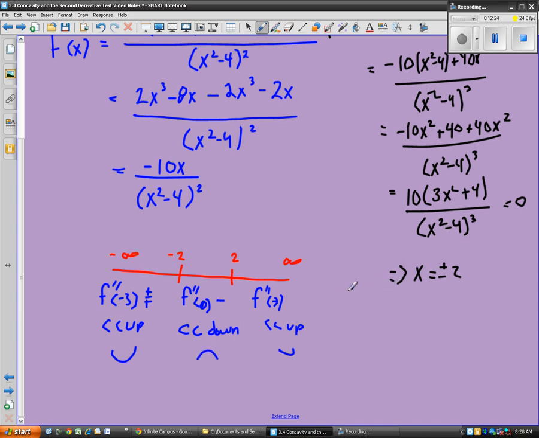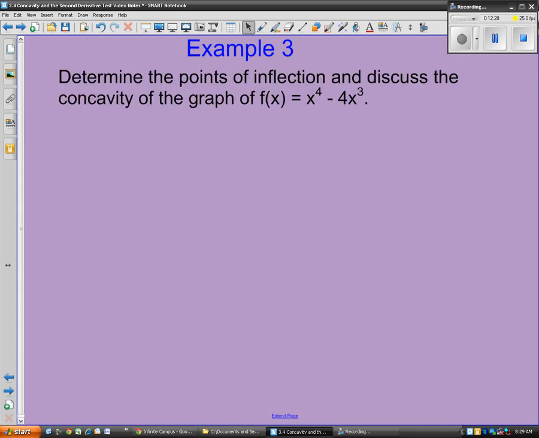In our next example, this time they're asking for the points of inflection and to discuss the concavity, so we're going to talk about what that actually means. The points of inflection are what we've been finding when we've been doing the second derivative. So the first thing I'm going to do is find the first derivative, and that would be something like 4x cubed minus 12x squared.